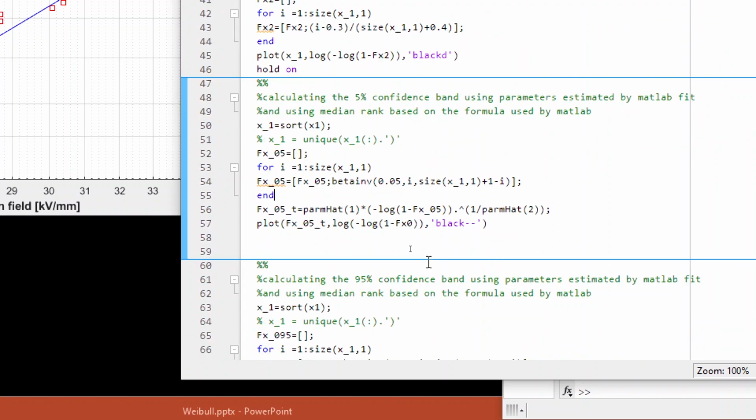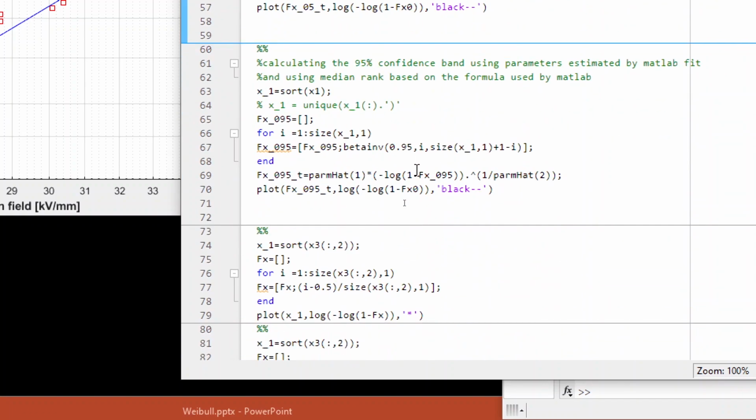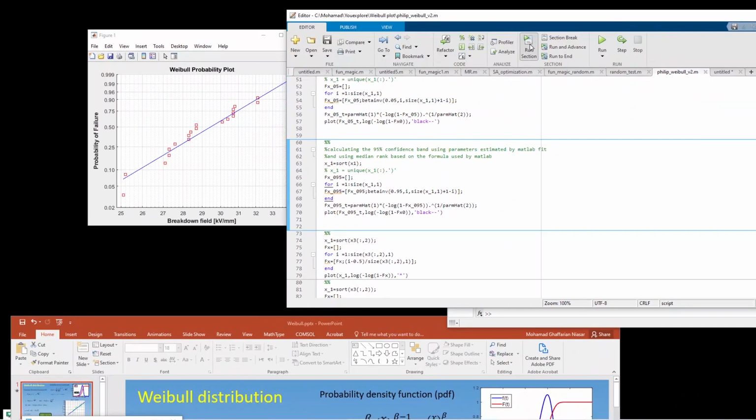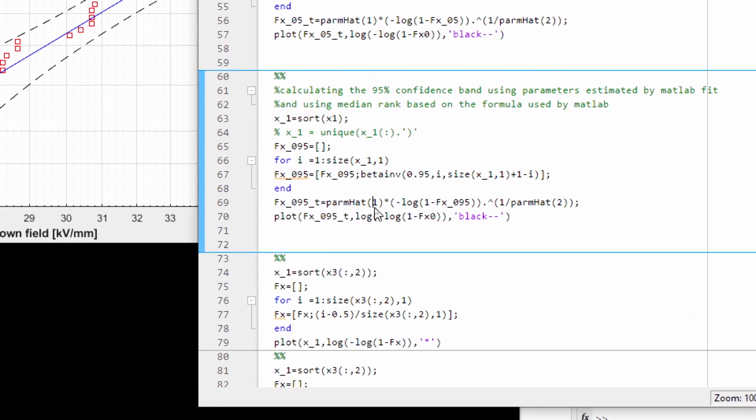So this is the 5% and this one is the 95% confidence bound. If you wanted to use the correct parameters that you estimated for this line, then instead of this term, which is the scale obtained by MATLAB, we have to use our own scale. And here, instead of this parameter, we have to use our own shape, the one that we obtained.